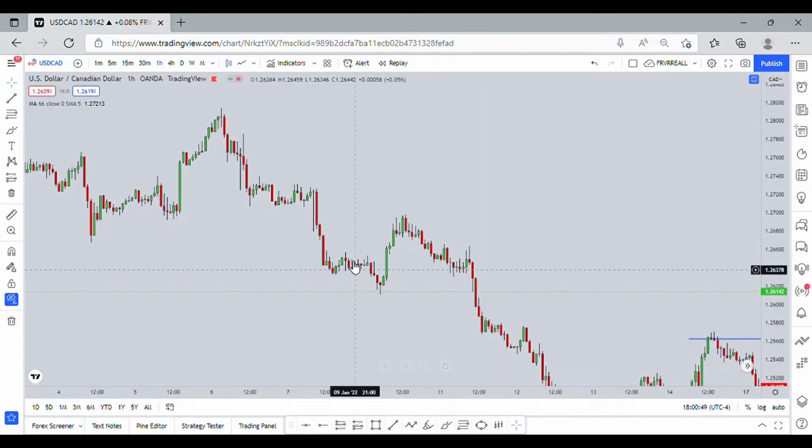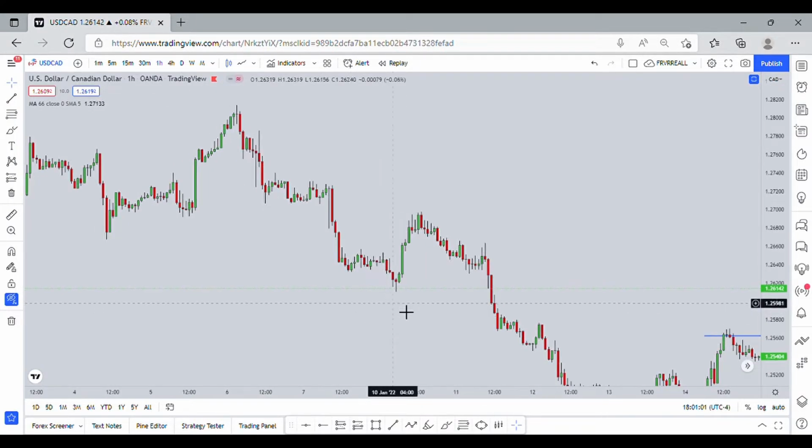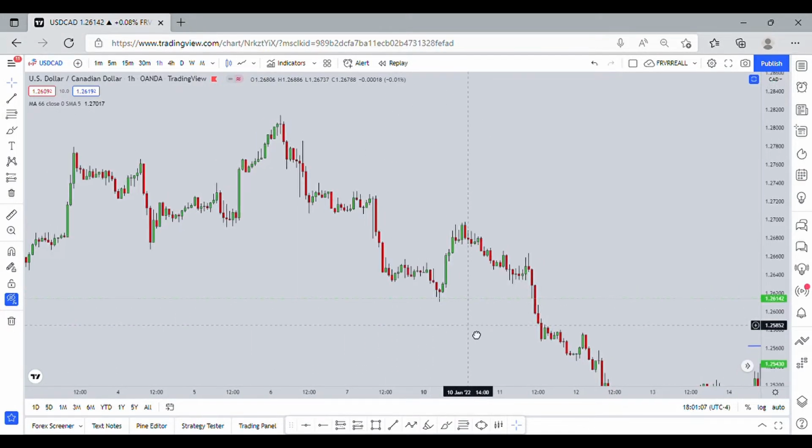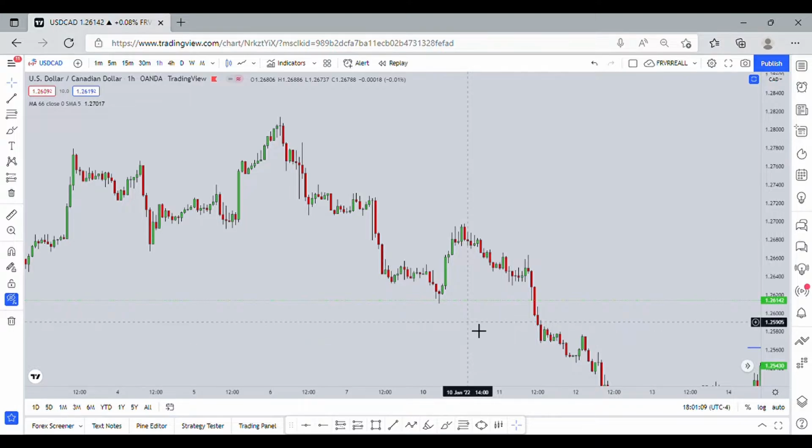So that's one way to identify how strong a trend is. The other way to identify how strong a trend is, is by determining how deep the retracements are. One way to do that is to use the Fibonacci levels, the Fibonacci retracement levels.